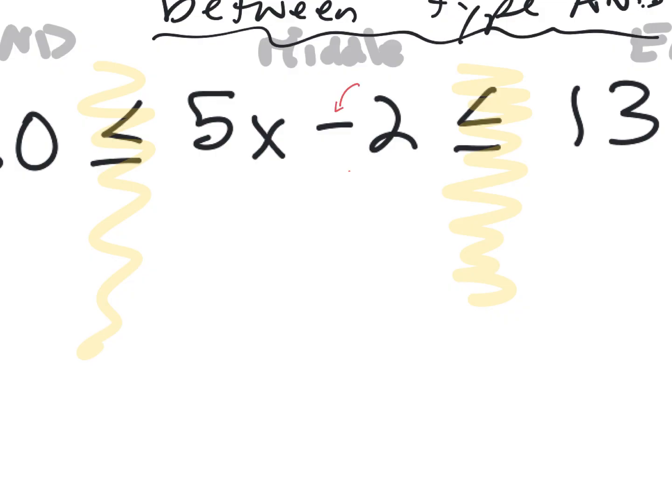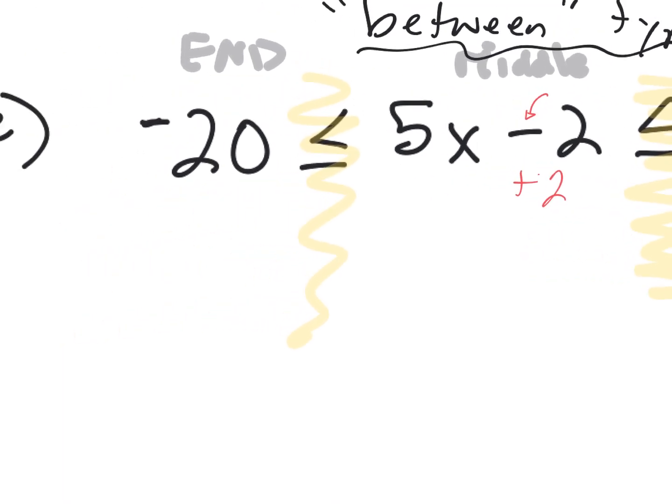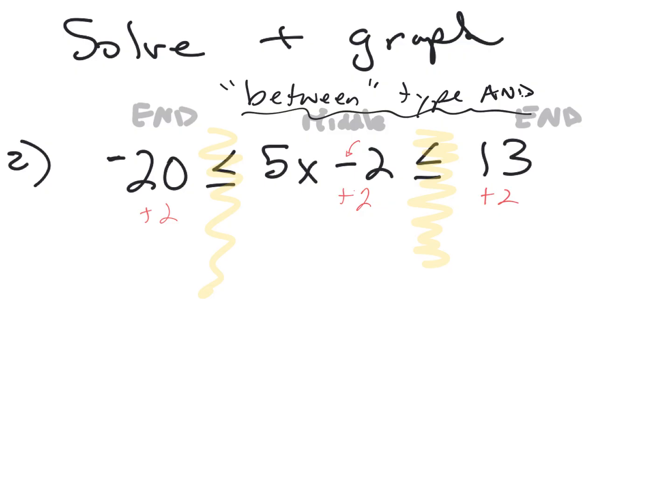Don't you want to undo subtracting 2 by adding 2? So that means you have to add 2 to the other side because you're solving that one. And then at the same time, you're also solving this one. So whatever you do to the middle, when you add 2 to the middle, you have to make sure you add 2 to both ends because you're solving two inequalities simultaneously.